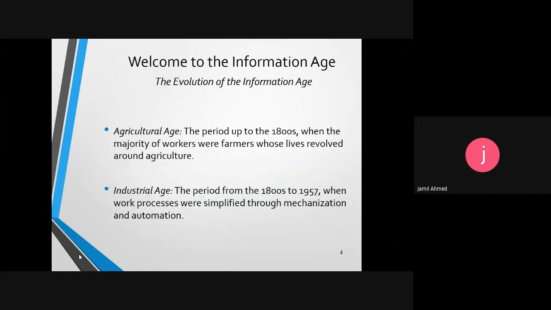So if we see the agricultural age, the period up to 1800, the majority of workers were farmers and lived around agriculture. People at that time were running their businesses and lives only for agricultural purposes.